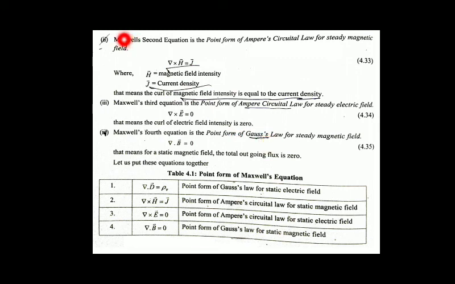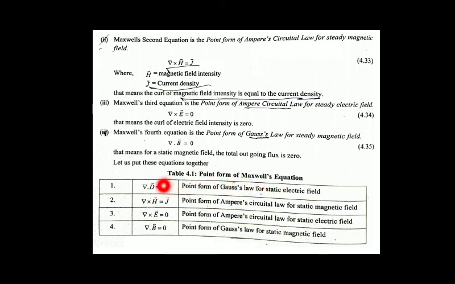So all four equations are summarized in compact form in a table. First is del dot D equal to rho v, based on the Gauss law of the static electric field. Second is del cross H equal to J, point form of Ampere's circuital law for static magnetic field. Third is del cross E equal to 0, point form of Ampere's circuital law for static electric field. And fourth is del dot B equal to 0, point form of Gauss law for static magnetic field. So in this you can see two Gauss laws.